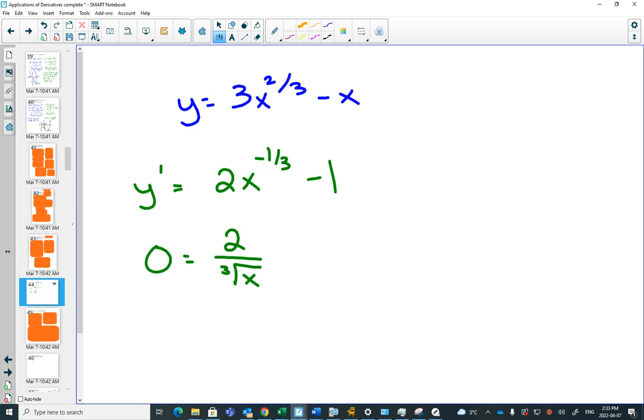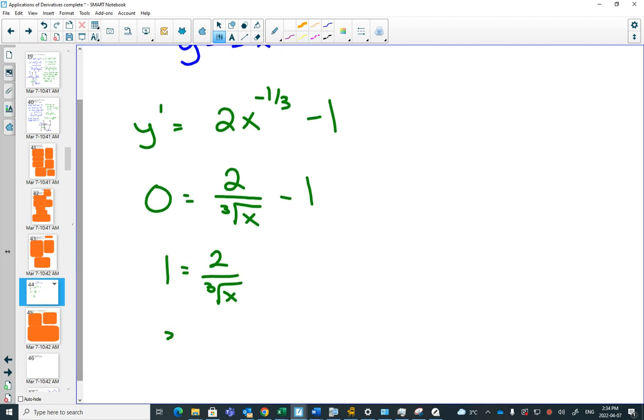Okay. Minus 1. And solving this, multiply both sides by the cube root of x, cube both sides, and we get x is equal to 8.